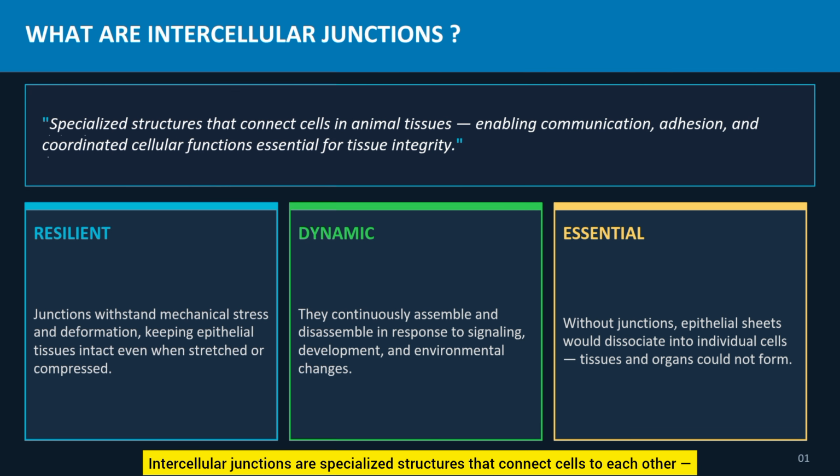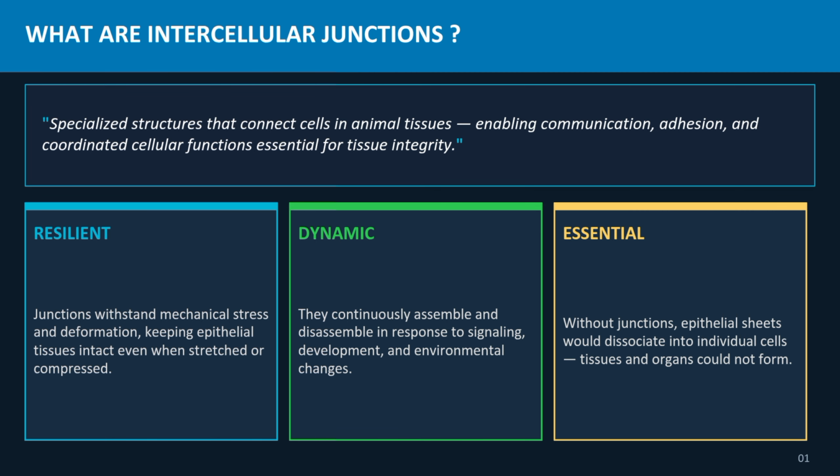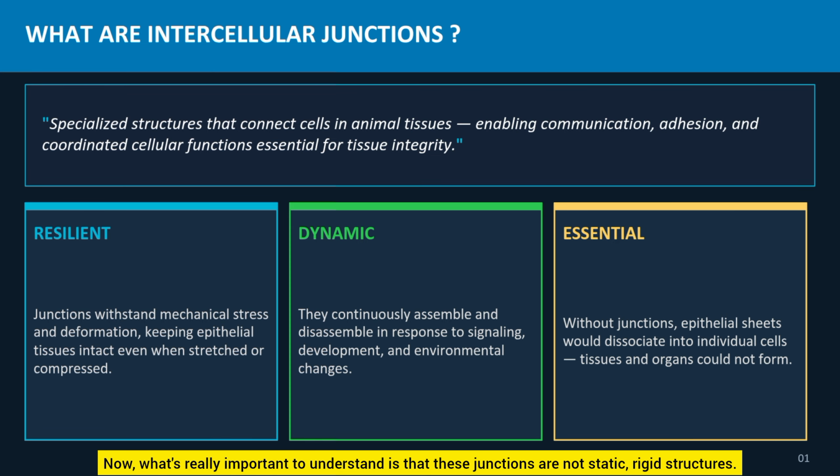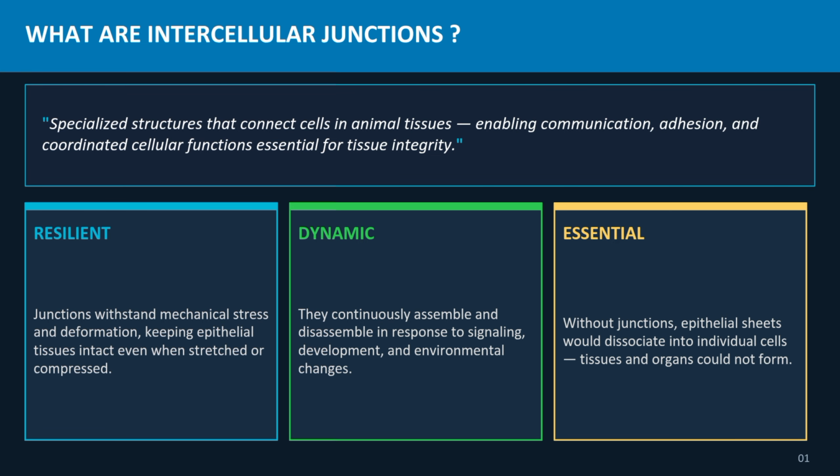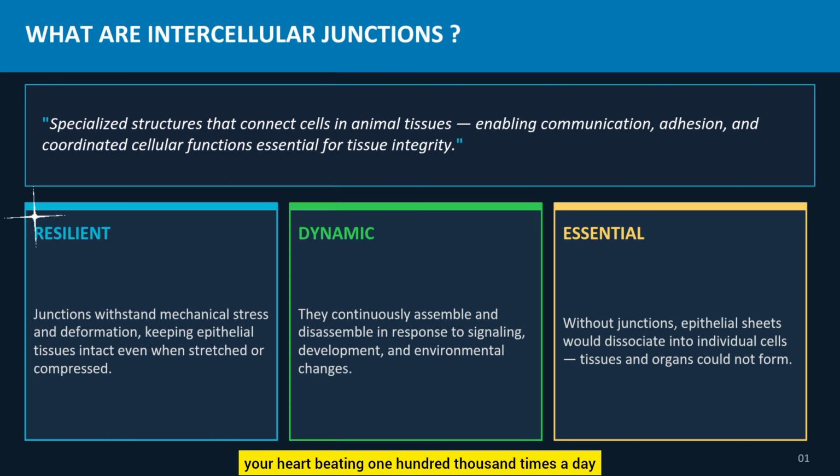Intercellular junctions are specialized structures that connect cells to each other, and sometimes to the extracellular matrix beneath them. Now, what's really important to understand is that these junctions are not static, rigid structures. They are resilient. They can withstand incredible mechanical stress. Think about your skin being stretched, your gut constantly contracting, your heart beating 100,000 times a day.